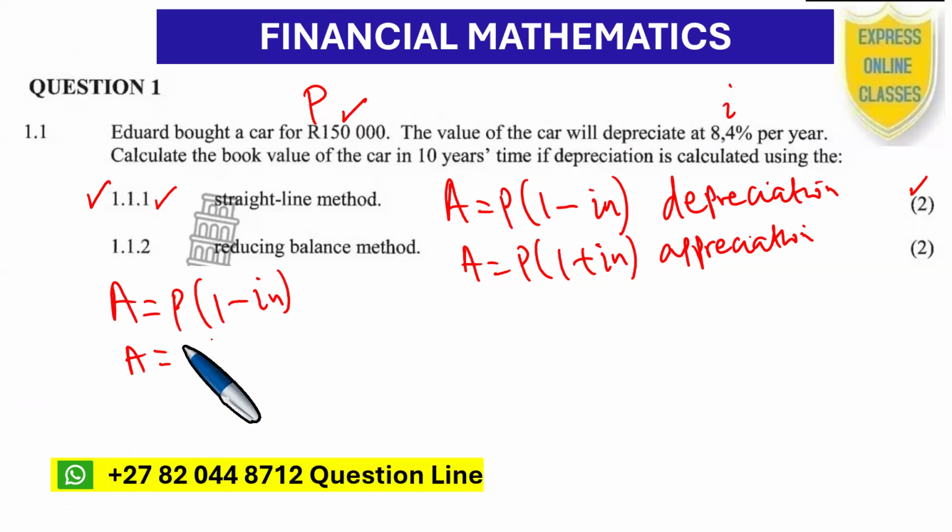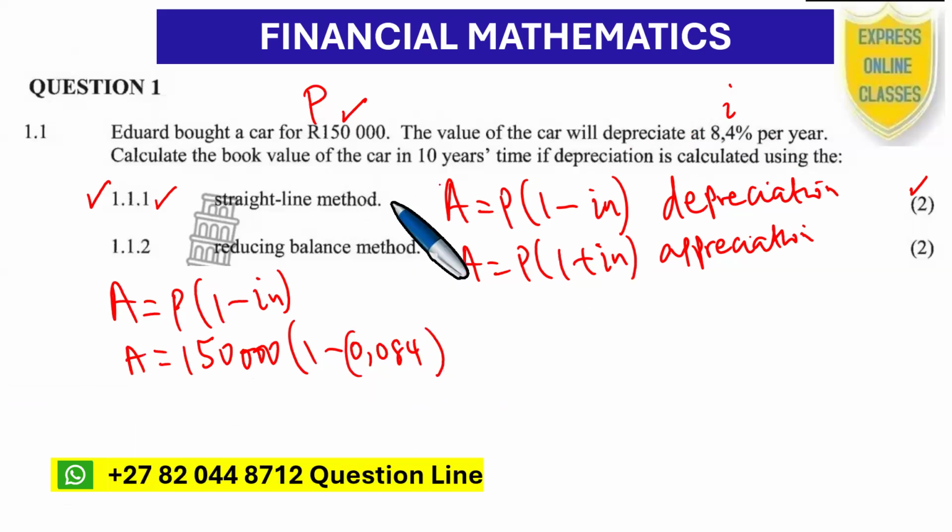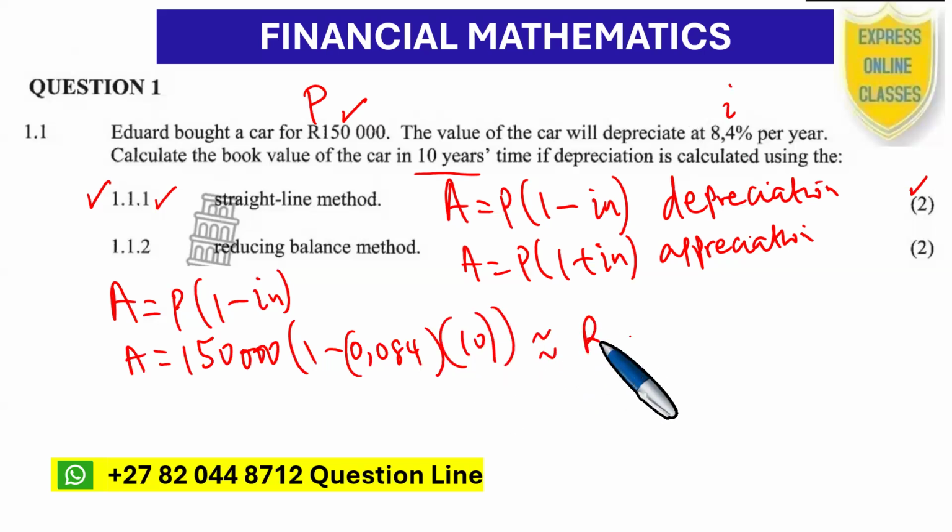The principal is 150,000. The interest rate is 8.4%. You divide it by 100, you get 0.084. You multiply it by the number of years, which is 10, and you get exactly 24,000.